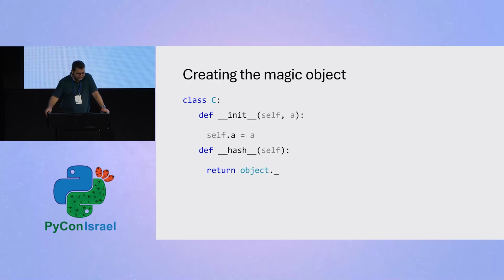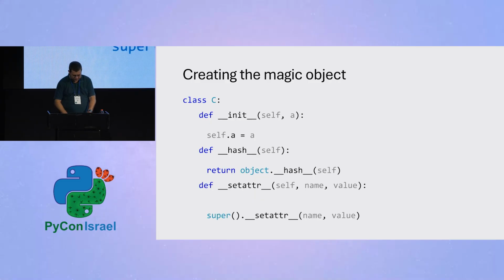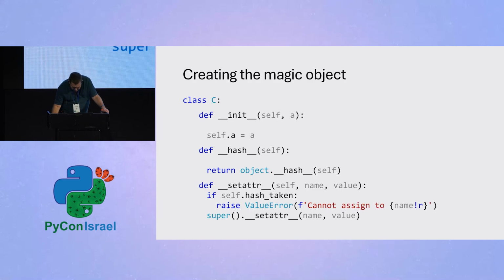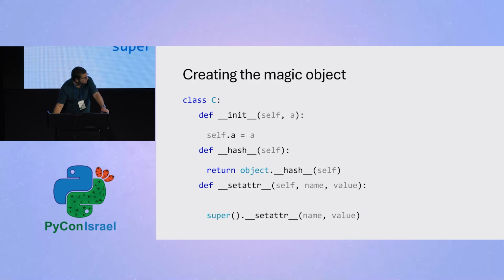Suppose I have a class. This is just the skeleton. And I want to intervene. You can't see my cursor. Never mind. I want to intervene at the class level, at the class implementation of dunder setattr.